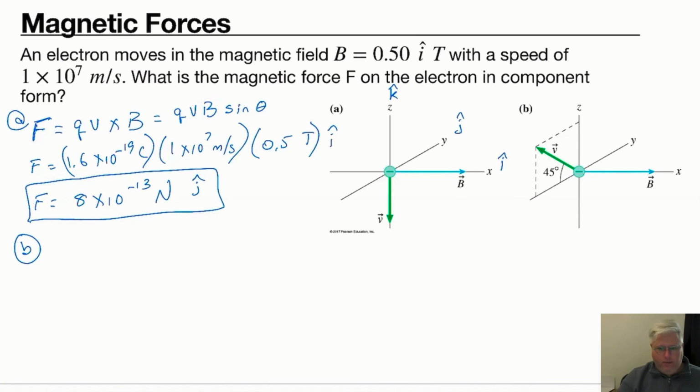Now, what do we have? Now we have something that's partially in the Z direction and partially in the Y. The Y or the X? I guess it's the Y. It's the Y. Yeah, sometimes it's hard to tell with these 3D diagrams.